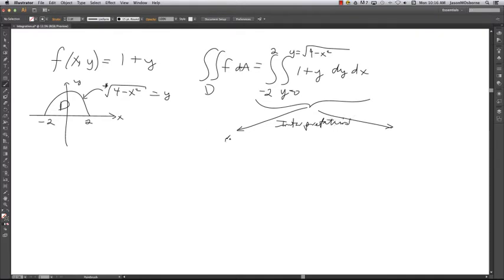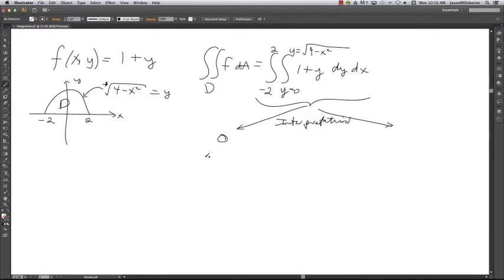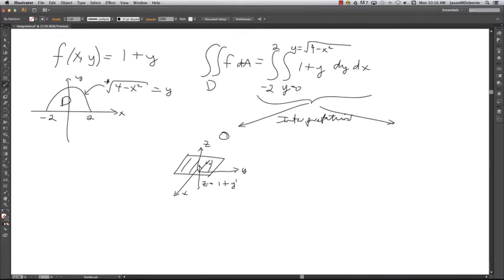Okay. The first interpretation is the one that we've been familiar with. We had a function of x and y, and again, this is just going to be a sketch. This is some sort of plane, z is equal to 1 plus y. That's y to the first, so this is a plane.